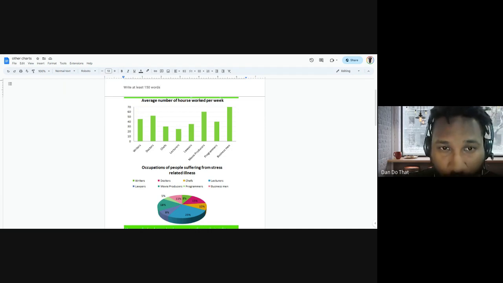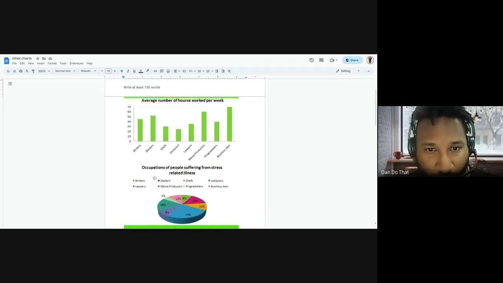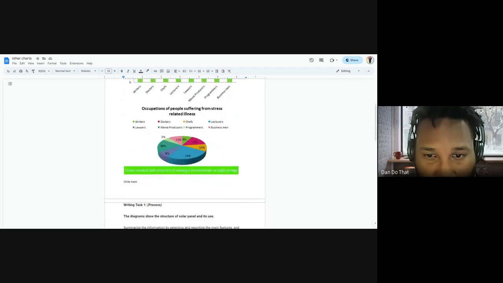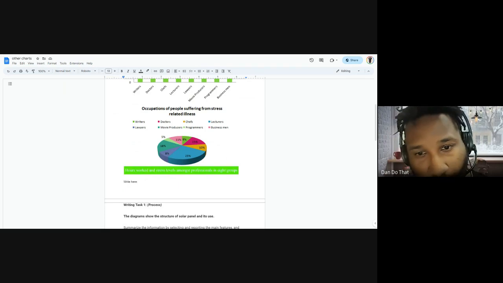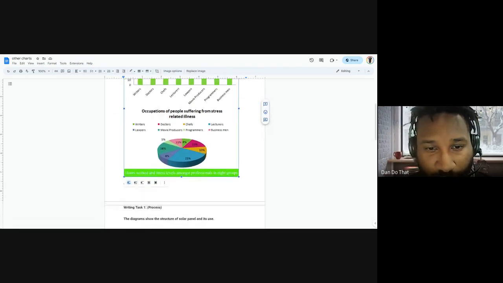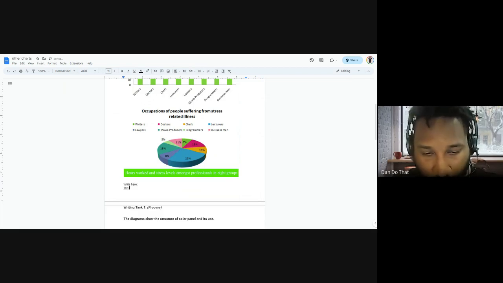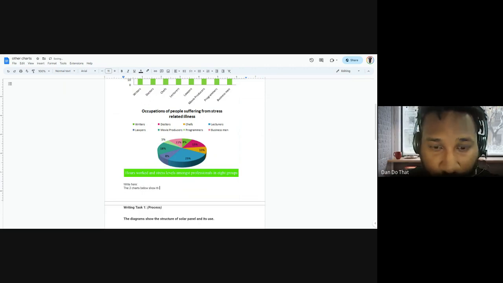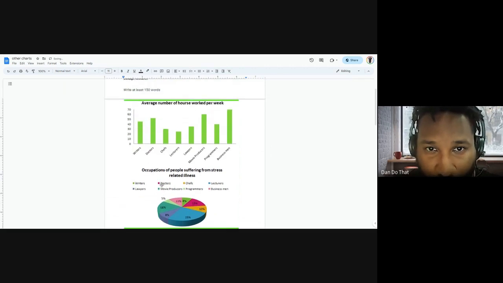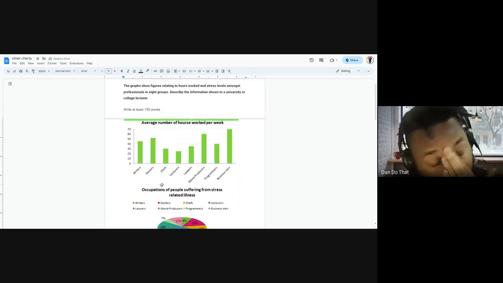So the two charts below show, and I should have been writing this down. I'm a dummy that I didn't write this down. Two charts below show the, what did I say?